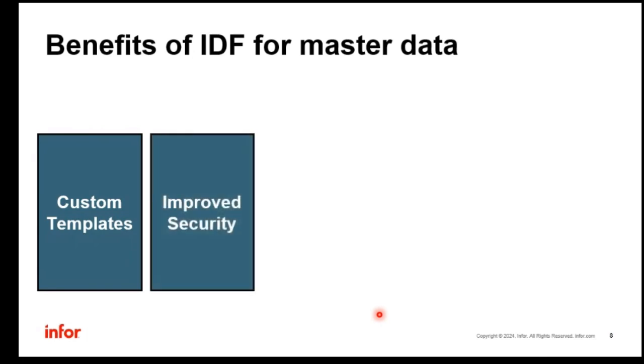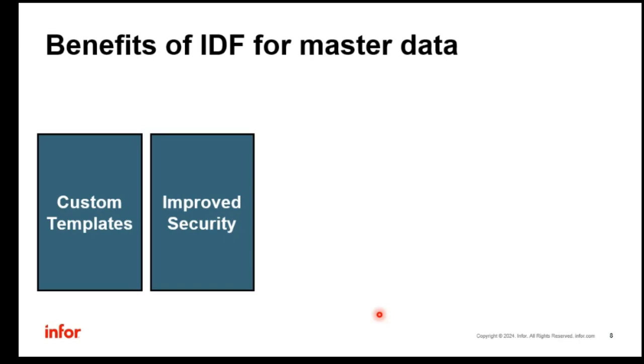Secondly, improved security. Traditionally, if you got into the item master, you had complete access to the item master. Now this gives you the ability to secure it by field if you want. So you have the opportunity to say what fields some people are allowed to edit, see, create, and make that more role-based for one thing. But it also allows you to have what we call content security, which means you can secure it maybe by item class.